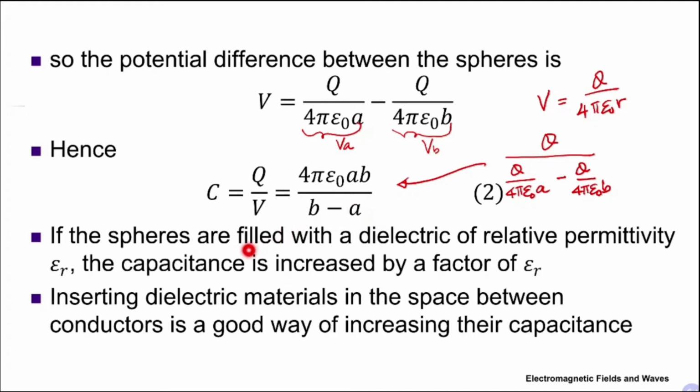If we fill the space between them with a dielectric with a relative permittivity of epsilon R, then the capacitance will become 4 pi epsilon R epsilon naught A B over B minus A. Okay, so you can see that by putting a dielectric material in the space between the two conductors, we automatically increase the capacitance by a factor of epsilon R. So there is a very useful way to increase the capacitance, or to increase the ability to store charge, by putting a high relative permittivity material between the two conductors.